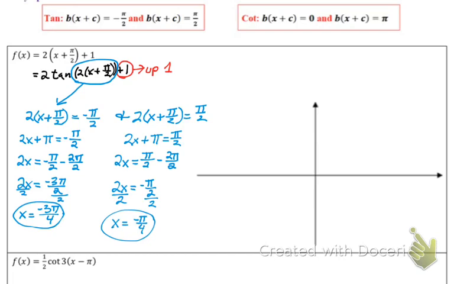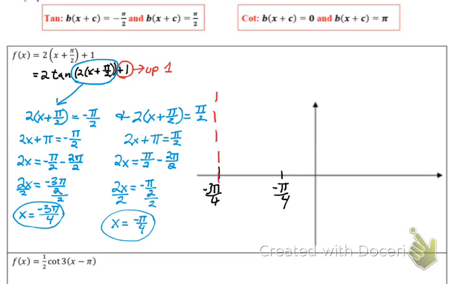Now all I have to do, and this is as accurate as I want these, is plot a vertical asymptote at negative 3 pi over 4, and one at negative pi over 4. This is as accurate as I need it to be. Negative 3 pi over 4. Make this one negative pi over 4.